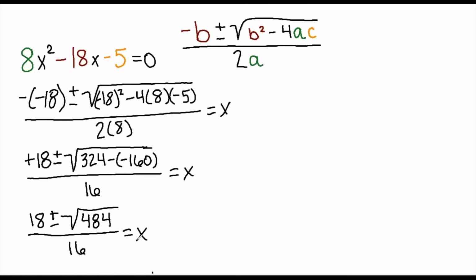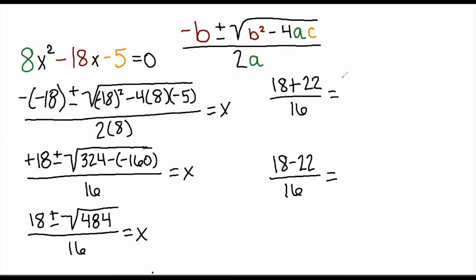Okay, now here's where we're going to break up our x into the 2 equations. So we'll have 18 plus, so the square root of 484 will be 22. So 18 plus 22 divided by 16, and 18 minus 22 divided by 16.